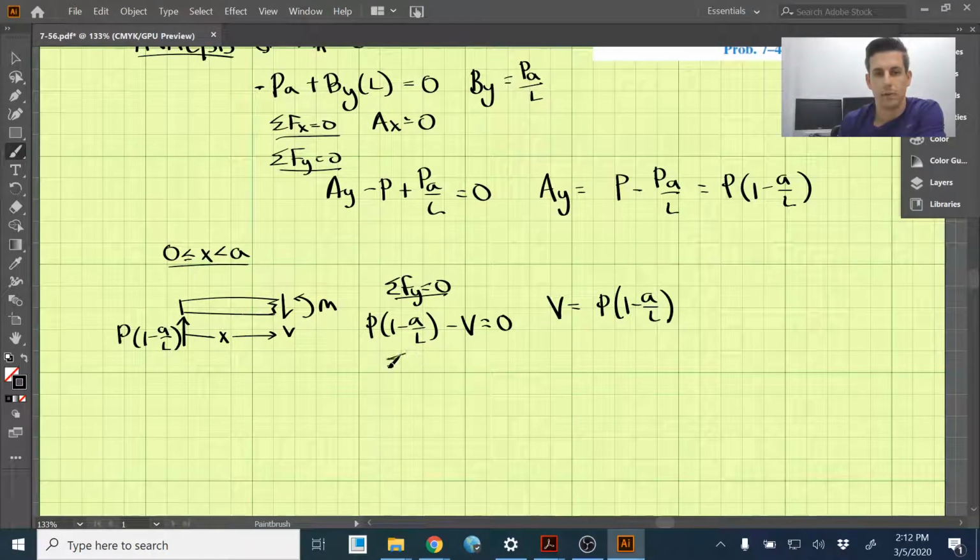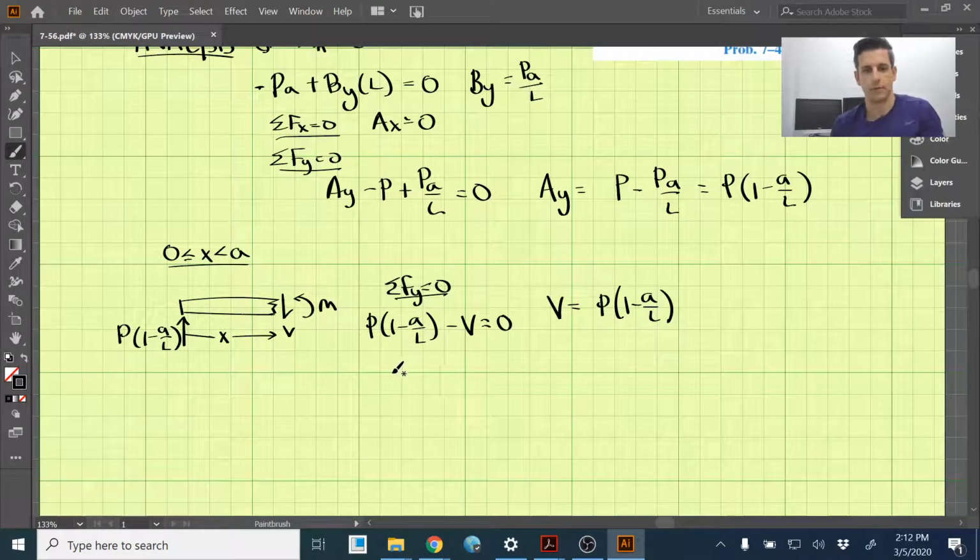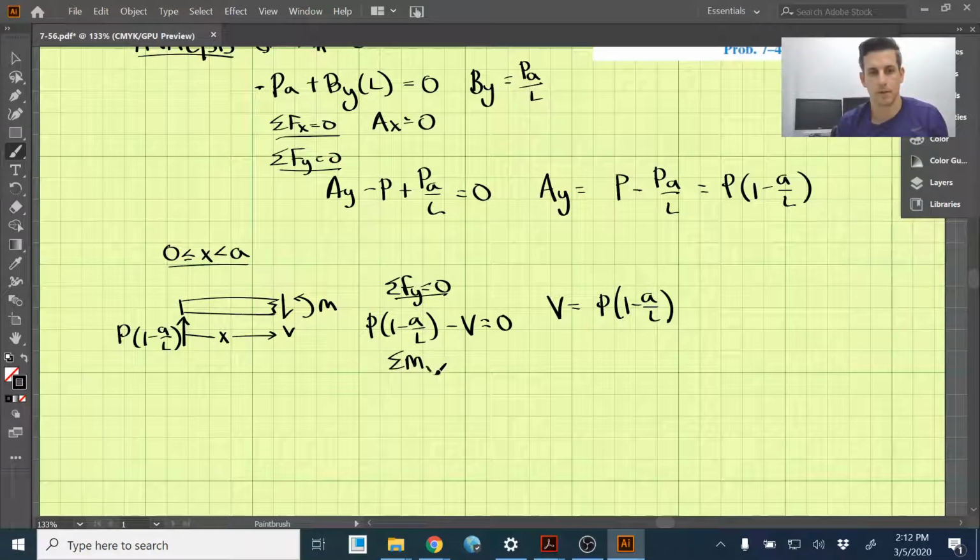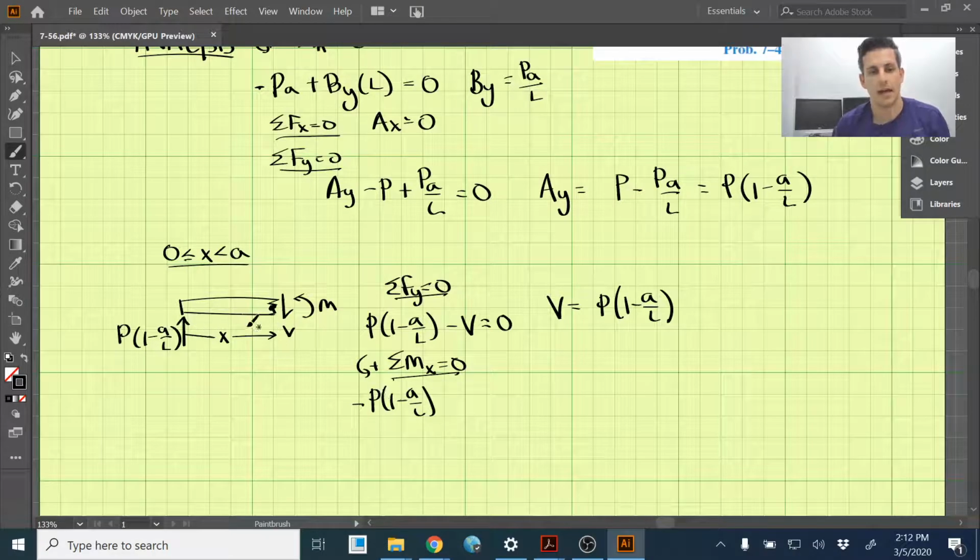And now we can sum the moments around x and set those equal to 0. So x is this point right here. And doing that, we have this P(1 minus A over L) force. That's going to create a clockwise moment, so that will be negative, P(1 minus A over L), and the distance that it's acting away is x.